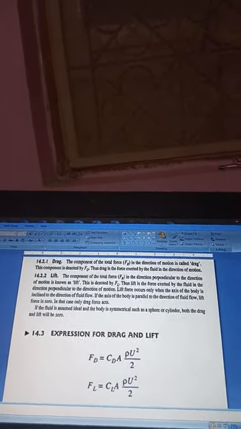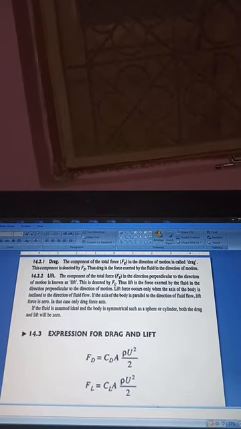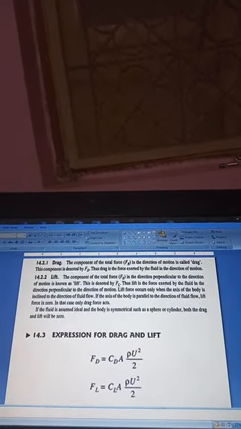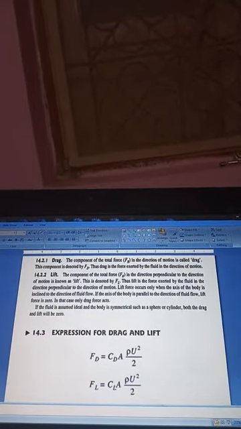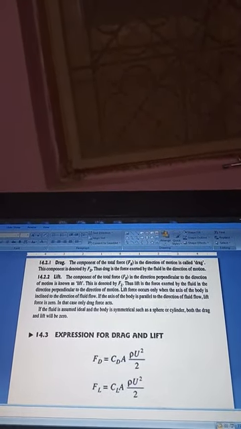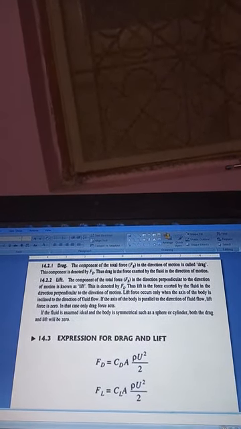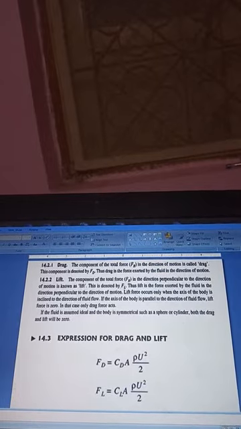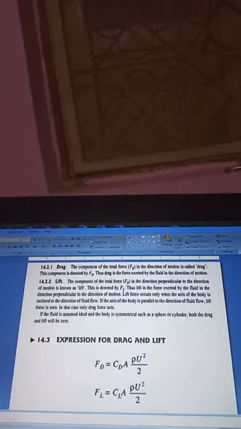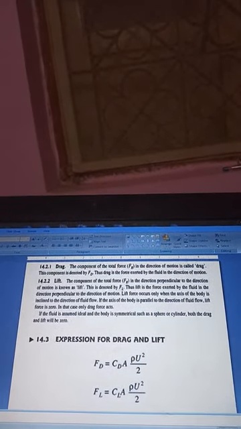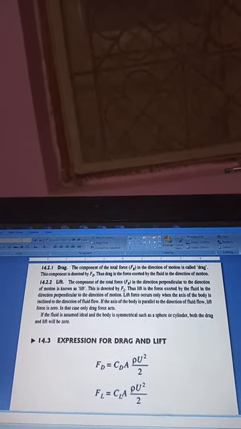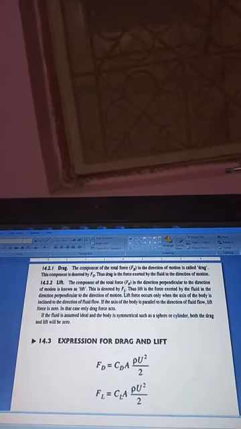So in the expression Fd is equal to Cd into capital A into rho u square by 2 that you see in the slide, capital A is nothing but the area perpendicular to that particular direction, the projected area, multiplied by the shear stress. For drag it is naturally shear stress, expressed by rho u square by 2. And Cd is the coefficient of drag.